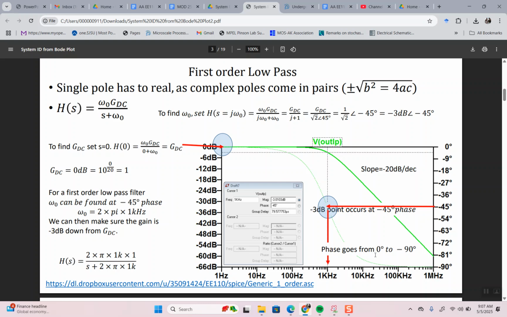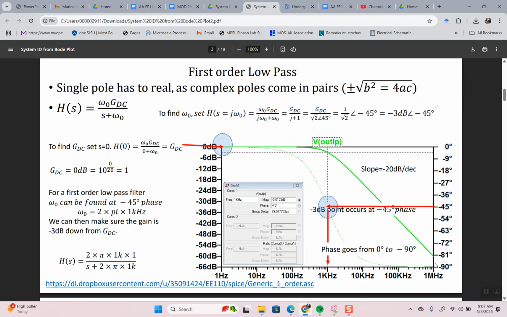The other thing is the phase maxes out at minus 90. If it's inverting, it won't start at 0, but you're really looking at the change: I was starting at a number and I ended up minus 90 degrees at the higher frequencies. So it's really the change.